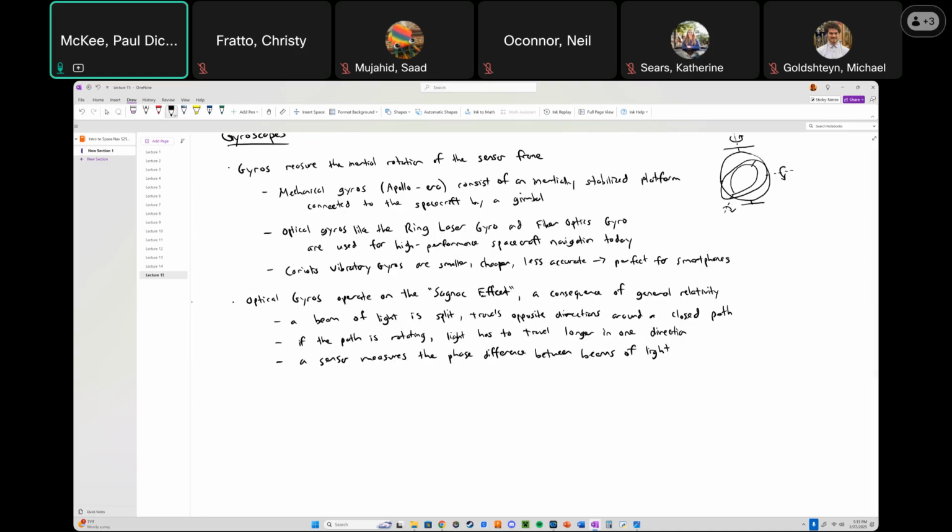And next is Coriolis vibratory gyros, or CVGs. They measure the force required to rotate a vibrating object.